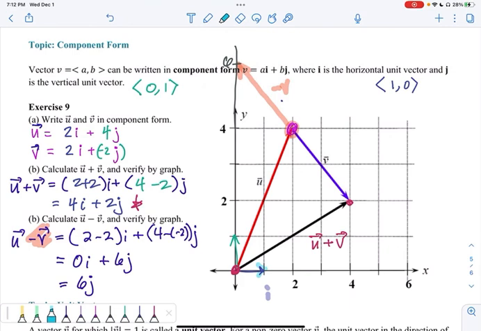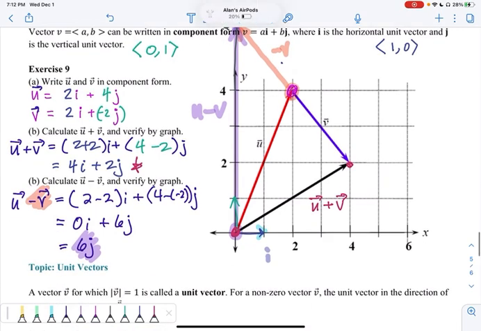Start with u, where u ends start negative v, here's negative v, and now what would my resulting vector be? Well, u minus v would start at the beginning of u, and it would need to end at the end of negative v. That's all the way up here. And notice that this one is just going straight up. So this is u minus v. It's going straight up. And so 6j, or just 0, 6, is the correct vector. And we verified that graphically.